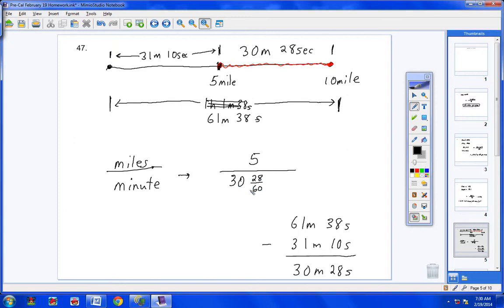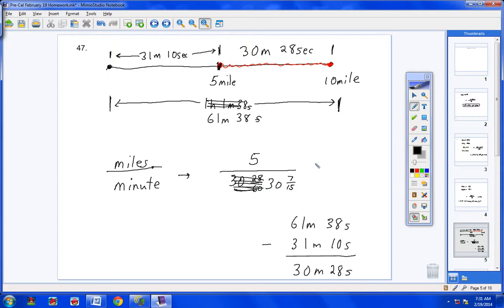Now, if you want to make that a decimal, that's fine. You can do that. 28 divided by 60 is going to give you a repeating decimal. I'm going to leave mine a fraction. It'll be a lot easier that way for exact numbers. So I'm going to put 30 and 7/15, which I believe is what you would get if you reduced it. With your calculator, you should have a fraction button where you can do this.